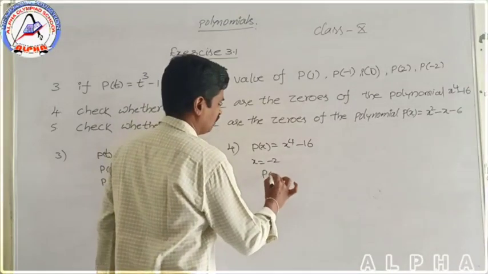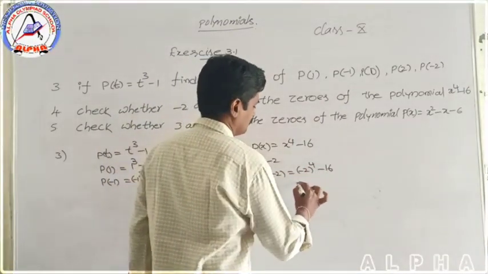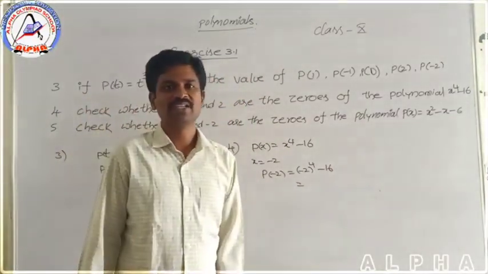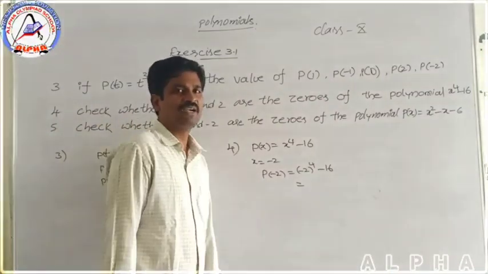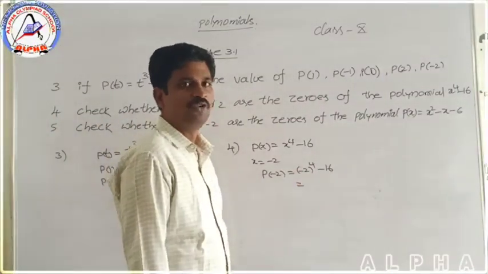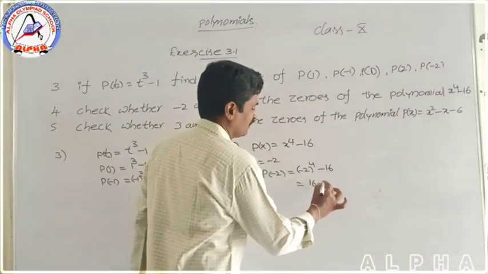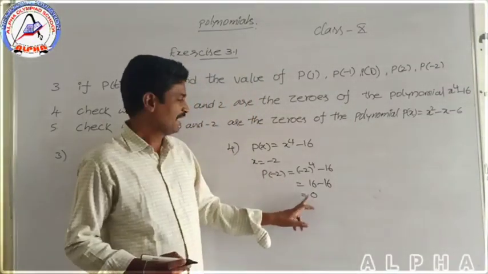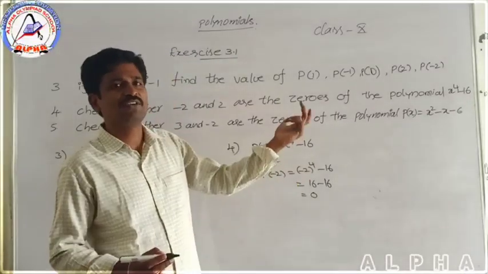That is P of minus 2, minus 2 whole power 4 minus 16. Its meaning is minus 2 into minus 2 into minus 2 into minus 2. 4 times we multiply the minus; as 4 is even, we will get positive. 2 power 4 is 16, 16 minus 16 is 0. The value of the polynomial is 0 at x is equal to minus 2. So we will say minus 2 is a zero of the polynomial.